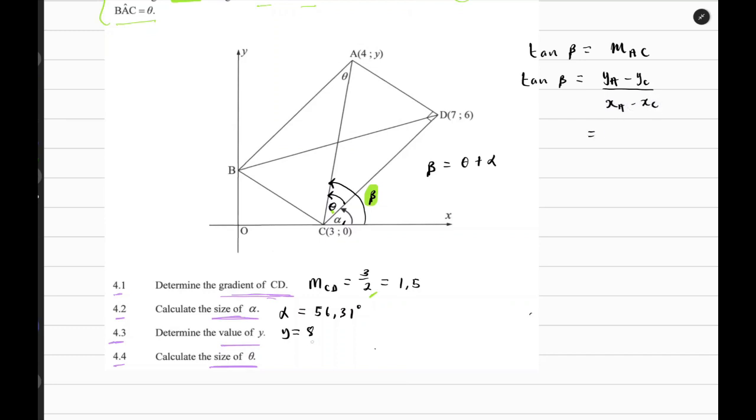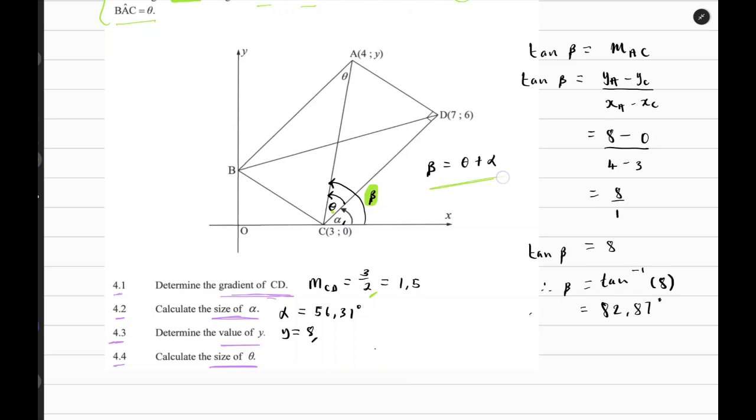We found yA to be 8 earlier on, so we can say 8 minus yC, which is 0, all over xA, which is 4, minus xC, which is 3. So this is 8 over 1, which equals 8. So tan beta equals 8. So beta equals tan inverse of 8, and this gives us 82.87 degrees correct to 2 decimal places.